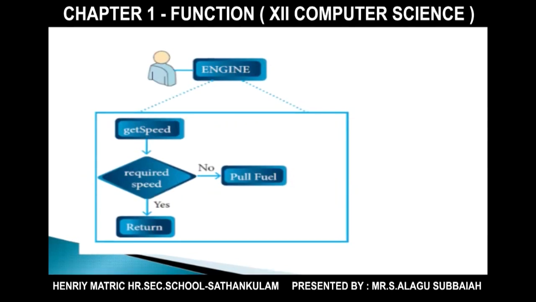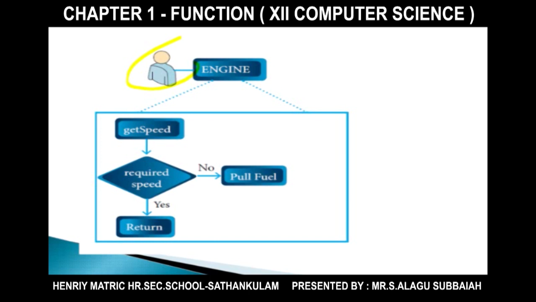Here we'll see one explanation of interface and implementations, how we separate the interface from the implementation. Suppose here I mention one person. This person wants to drive a car, so he does not care about the internal working of the car, how the car works, how the engine starts.